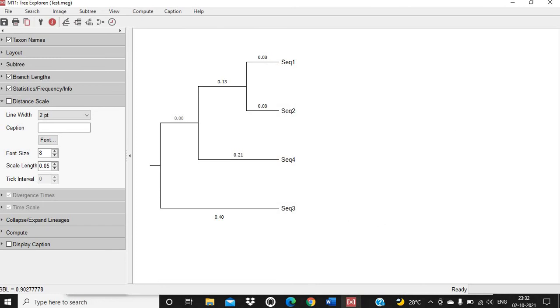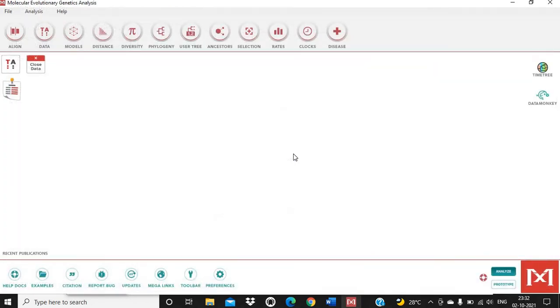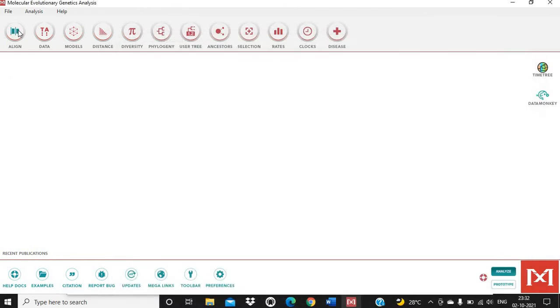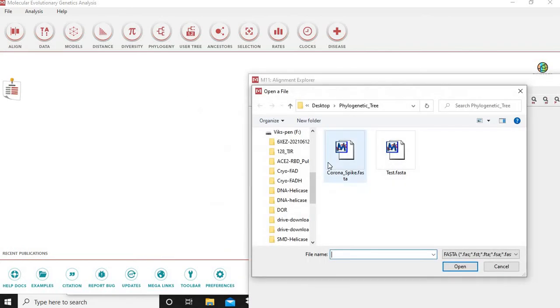Let me construct another tree. And this time I'm going to utilize the spike protein of coronaviruses. So align, edit, build alignment, retrieve sequences.